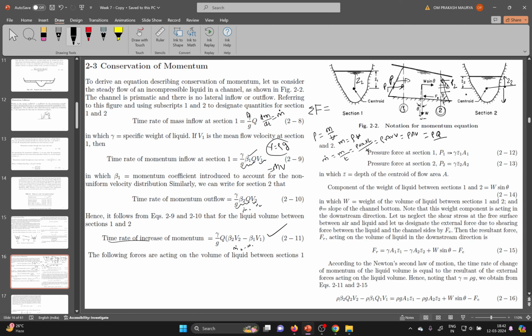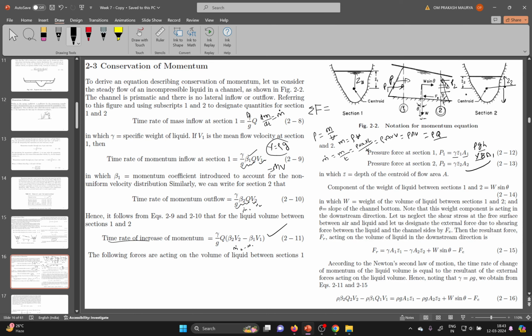So pressure force is pressure into area. Pressure rho g h you already know. So rho g is the gamma and h is the depth from the top. So gamma h into area. For P1, h is equal to Z1, so Z1 A1 and Z2 A2.